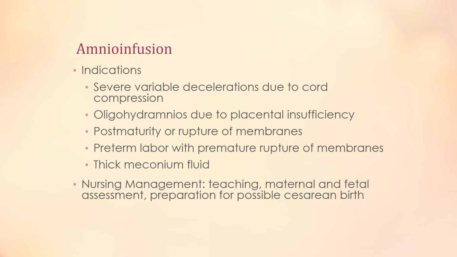It is also used if there's not enough amniotic fluid because of placental insufficiency, if the baby is post-mature, or if there's been a rupture of the membranes, preterm labor with premature rupture, or if there's thick meconium fluid and we want to wash some of that out so there won't be a meconium aspiration.